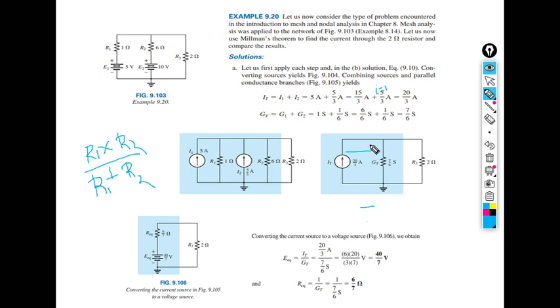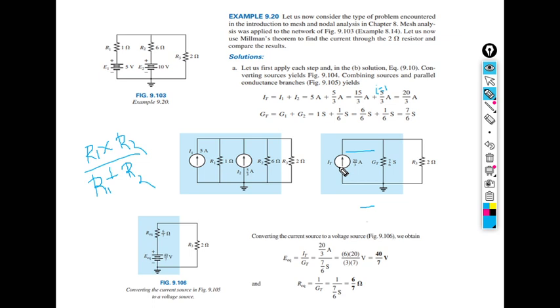Then you can do the current division rule and find the current. But remember that when you add all the resistances, you cannot simply add them because all are parallel. So to add them, first you have to find the conductances. If we add all the conductances, you get the total conductance. From this total conductance, to find the resistance you do 1 by this conductance, then you get the R equivalent.